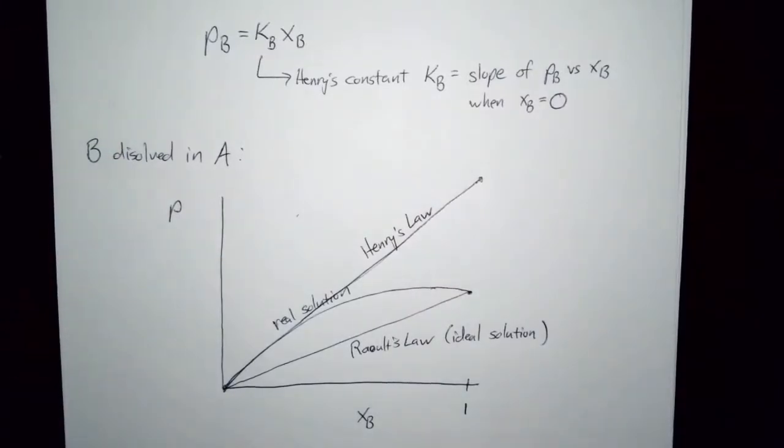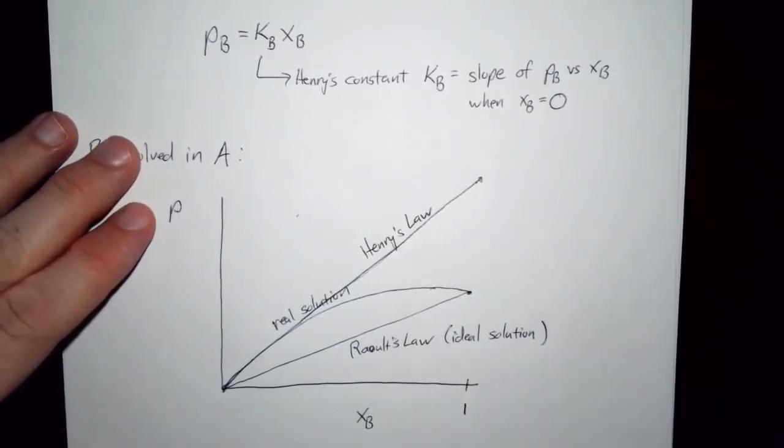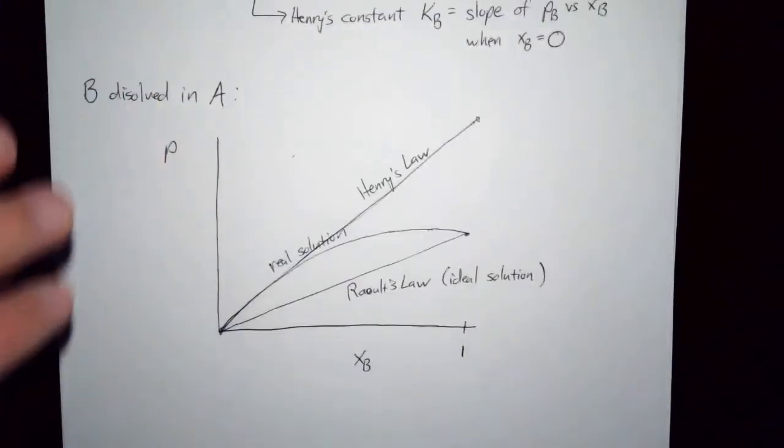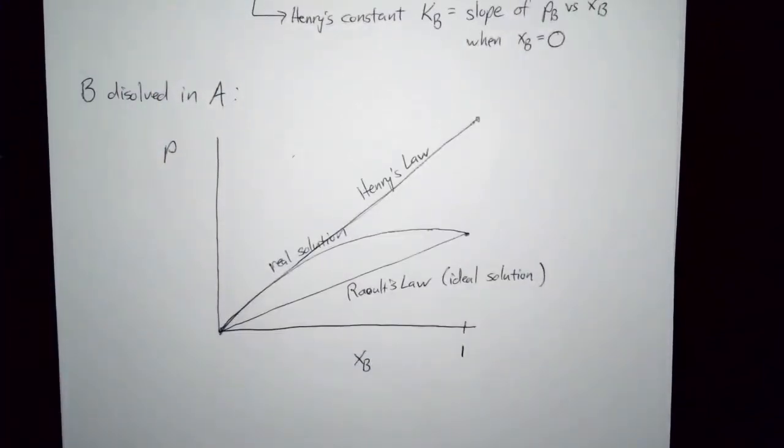Okay, so it turns out that both of these are useful if we can use them at the same time. And if we can do that, we call this an ideal dilute solution.